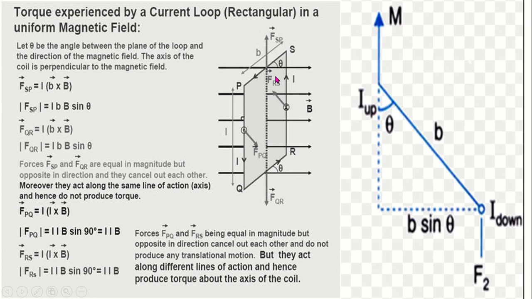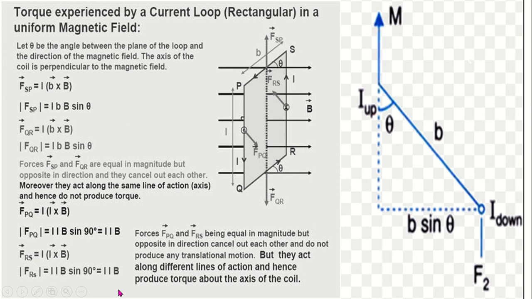Similarly, at the arm RS, we get the force F_RS, also equal to I l B sine 90 degrees, that is equal to I l B. Here we can find the direction of the force. Here the direction of the force is outward, outside of the laptop screen, and here the direction of force is inward, inside of the laptop screen.